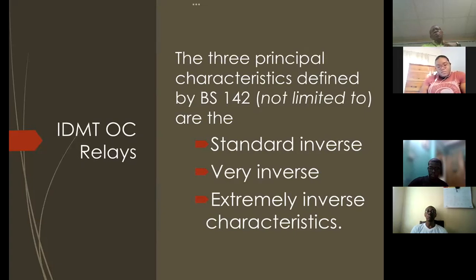Now, you do have some further variations, but in terms of the three standards under your inverse relays, you're going to have your standard inverse, your very inverse, and your extremely inverse characteristics. As I said, it's not limited just to these three, but these three are at the forefront. So standard inverse, very inverse, and extremely inverse.